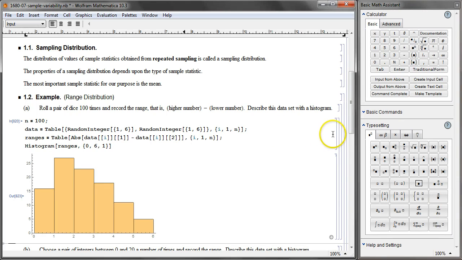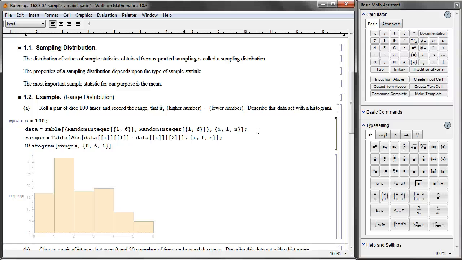And if you repeat rolling a pair of dice 100 times, and this is a hypothetical situation through a pseudo-random generator embedded in this Mathematica program, let's repeat this again. As you can see, we have very different histograms showing up each time. Is there some pattern? Difficult to tell.